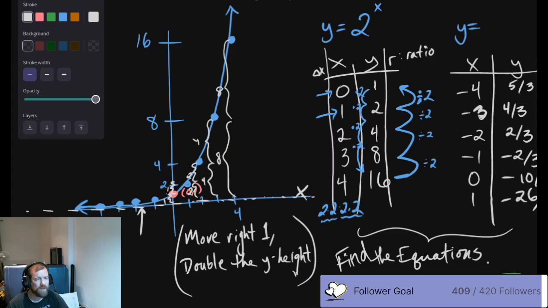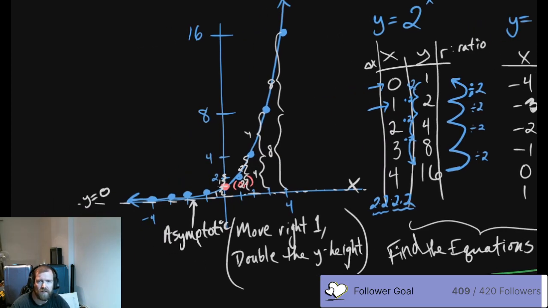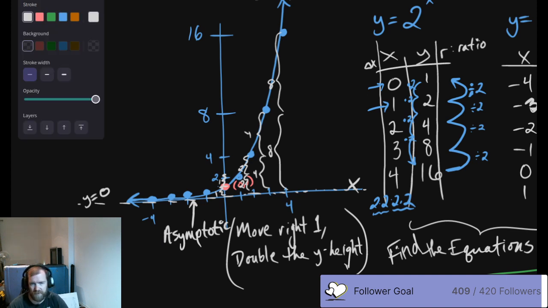So therefore, we never reach, in this case, y equals 0. We never get there. This is what's called asymptotic. It's asymptotic behavior because it gets closer and closer and closer, but never actually makes it. It's just forever getting closer. Y equals 0 is the equation of the asymptote.